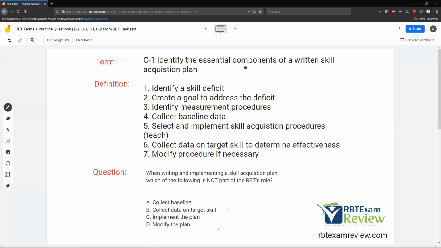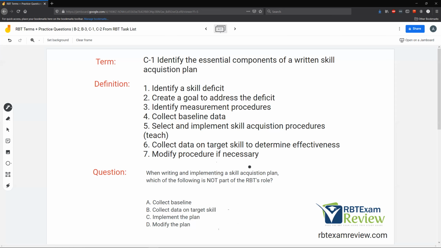So if you're not effective, what do we do last? We modify the procedure if necessary. Maybe you are effective. Maybe your teaching is going really well and all your data shows that they're increasing their ability to tie shoes. Therefore, you would not need to modify that procedure. So do that a few times, and it becomes second nature and is very common sense once you break it down like that.